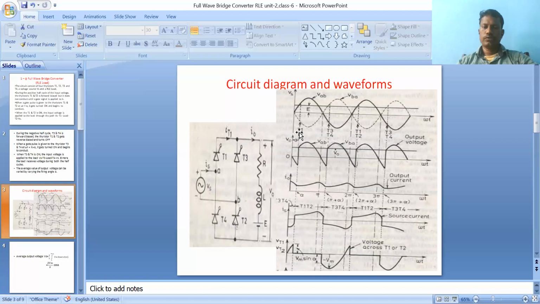Up to this T1, T2, and here T3, T4. Again, it is positive half cycle T1, T2, and negative half cycle T3, T4. So output voltage, output current, source current, and voltage across thyristors 1 and 2, and opposite to that T3 and T4. Very simple. Once you know the basic concept, you can directly draw the waveforms of any rectifier circuit.